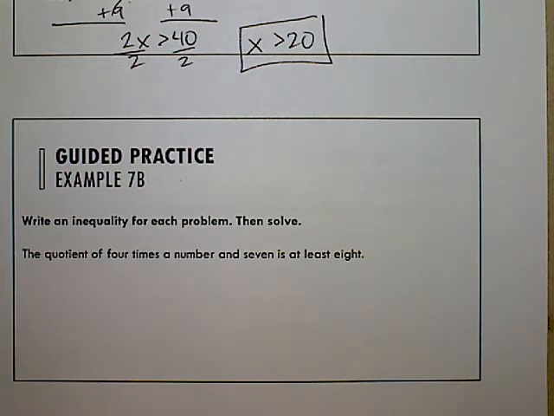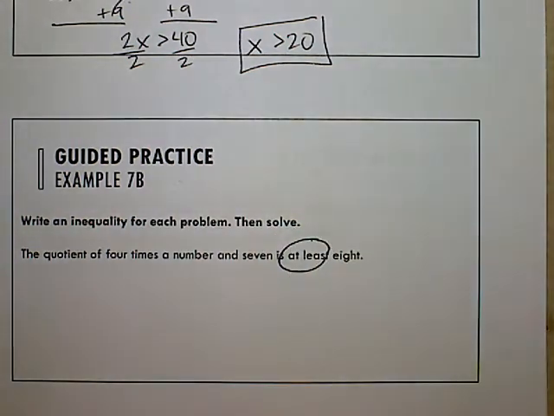So the most difficult part of this problem is the words at least. Let's circle the words at least. Let's pretend you applied for a job and you met with the manager and the manager says, I'm going to hire you and I promise you you'll make at least $9 an hour. Does that mean you're going to make $8 an hour? Not a chance. If he says you're going to make at least $9 an hour, does that mean you can make $9 an hour?